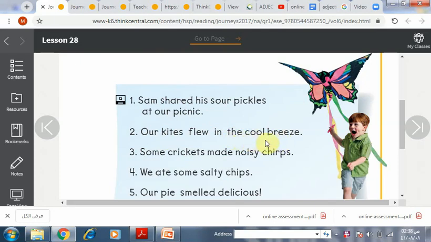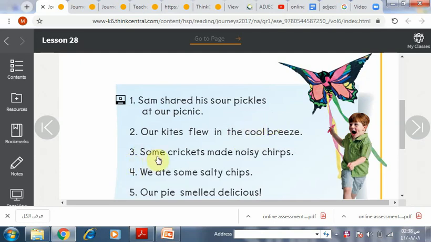Very good. Cool, and breeze is the noun being described. Cool breeze. What does the word cool describe? It describes how the breeze looks like or how the breeze feels like. Very good. It describes how the breeze feels like. Cool is like cold. Cold, hot, and cool. All these are adjectives that describe how something feels.